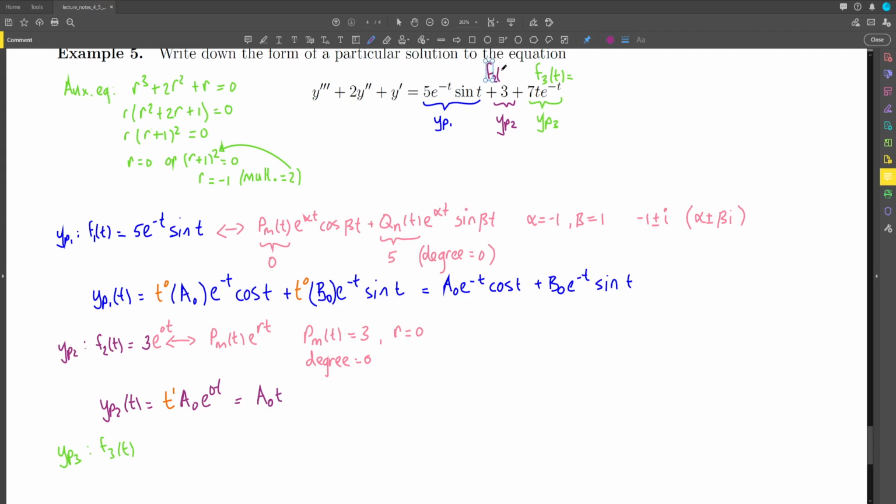Let's do the same thing here. This is f2 of t equals 3, which is associated with yp2. And then this part is f1 of t, which is equal to this function, which is associated with yp1. Okay, now for f3 of t, that part is equal to 7t e to the power negative t.